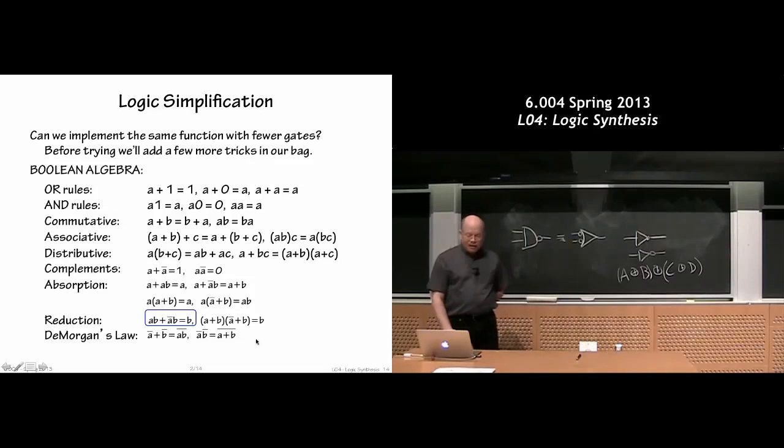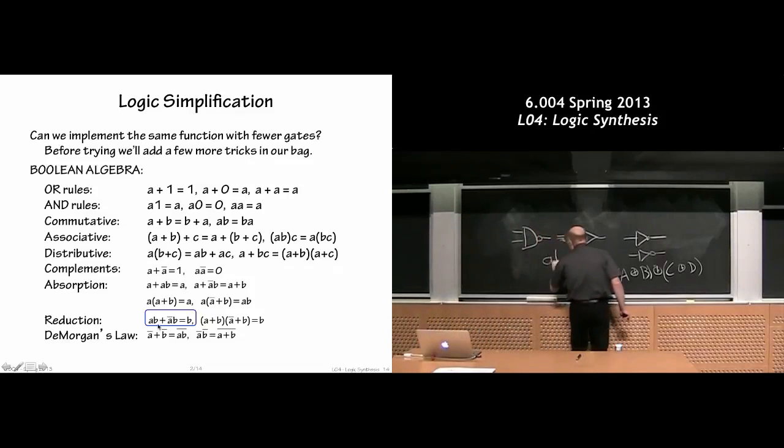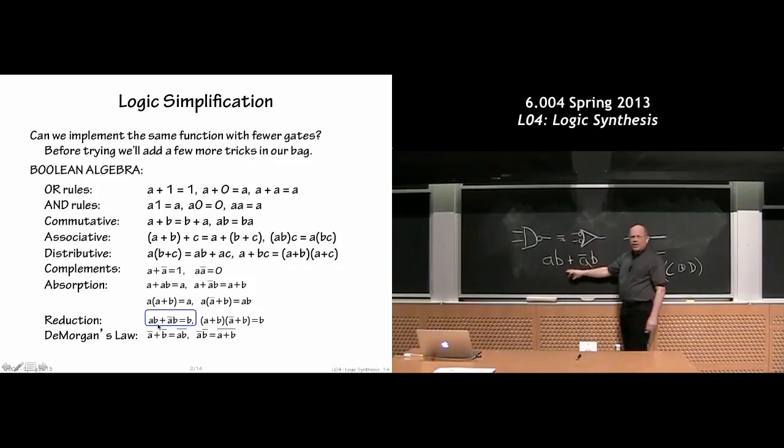The key Boolean identity we're going to use is what's called reduction. And you can see that in a particular case, if I have a logic equation that's A and B, or not A and B, and we think about when this equation is true, the answer is, well, it looks like when B is true, it doesn't matter what A is.